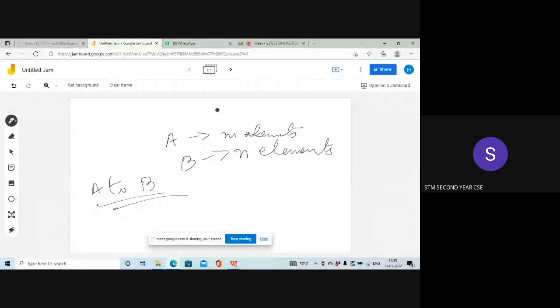If a set A has m elements and a set B has n elements, you have to find the number of relations from A to B.